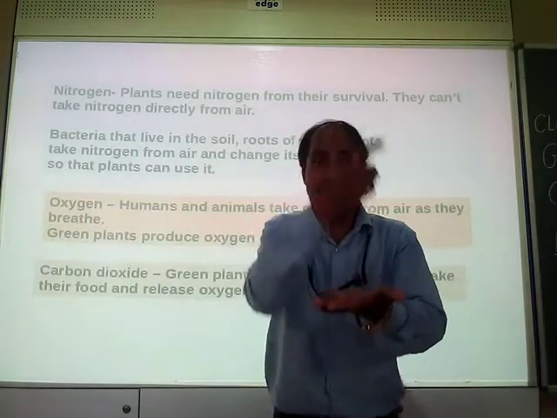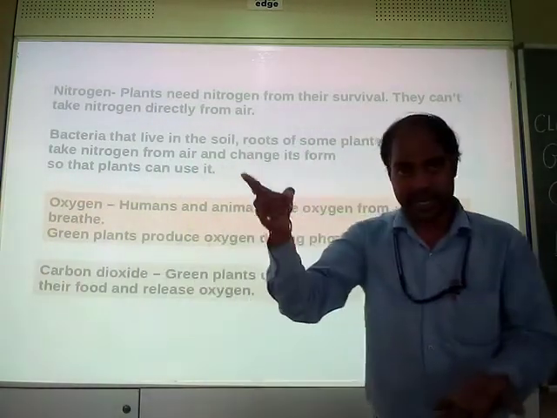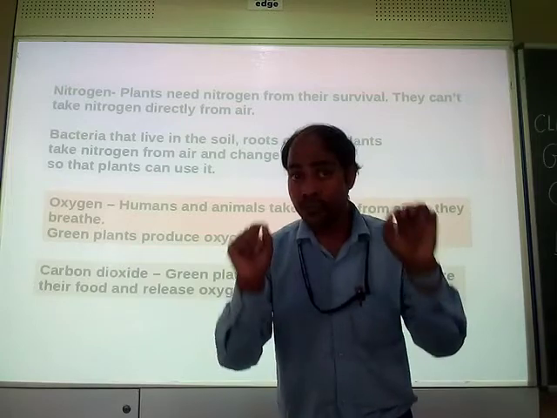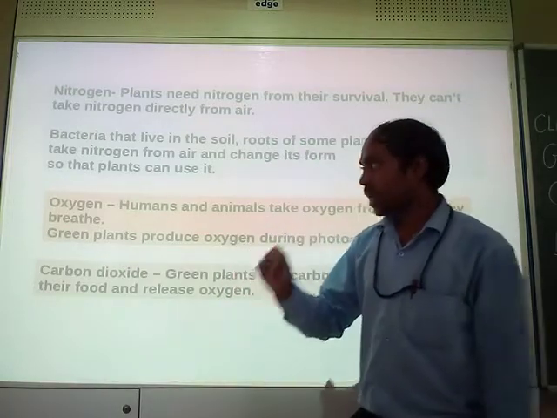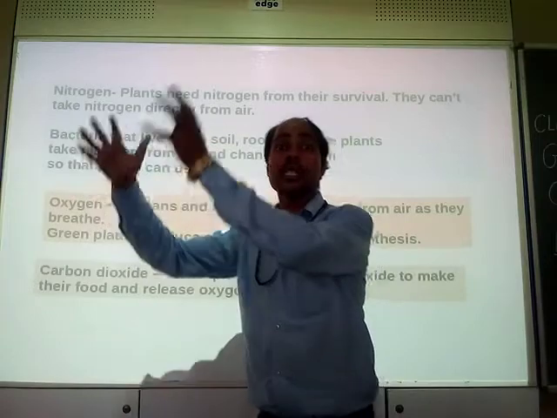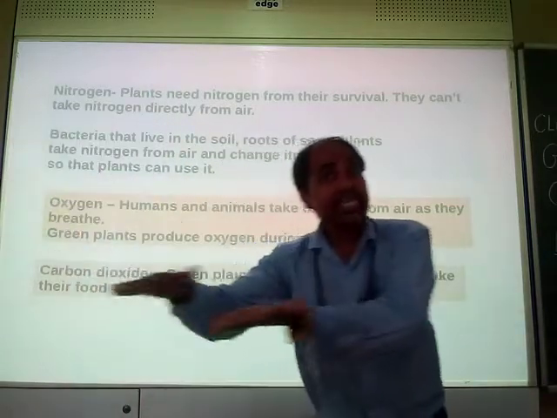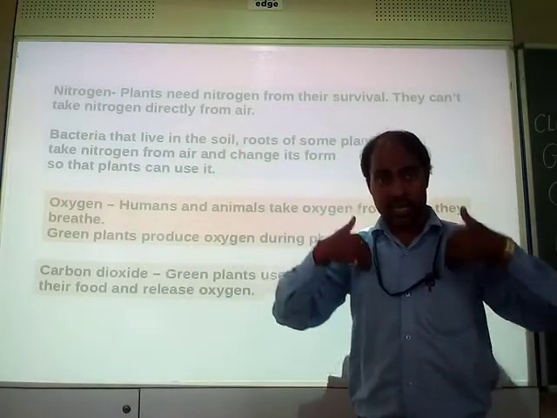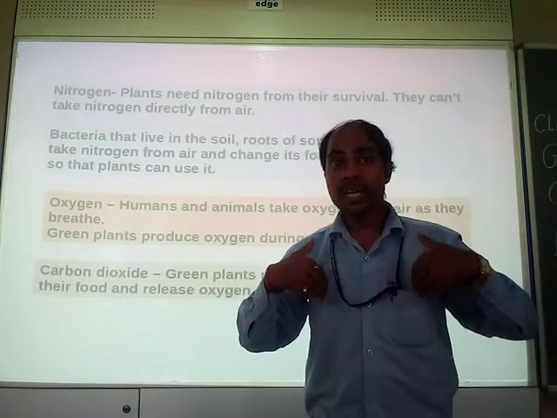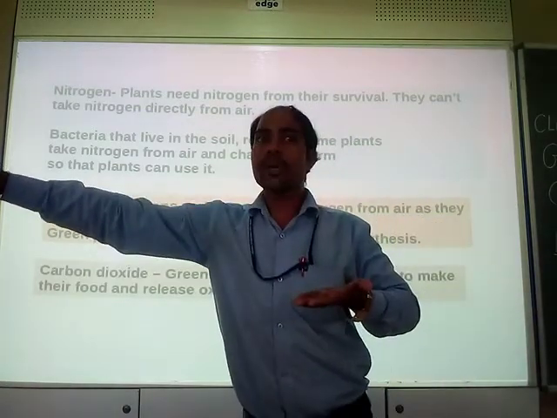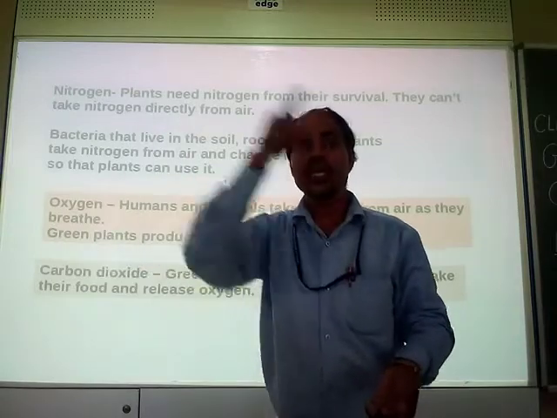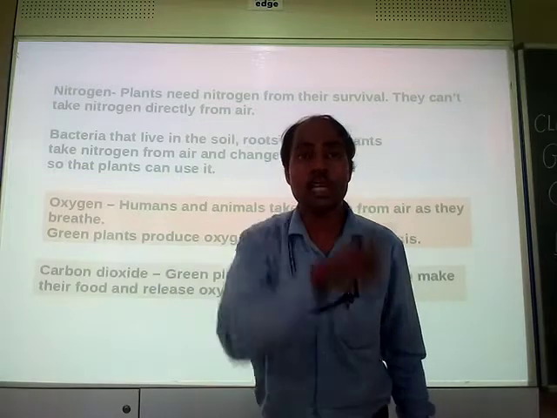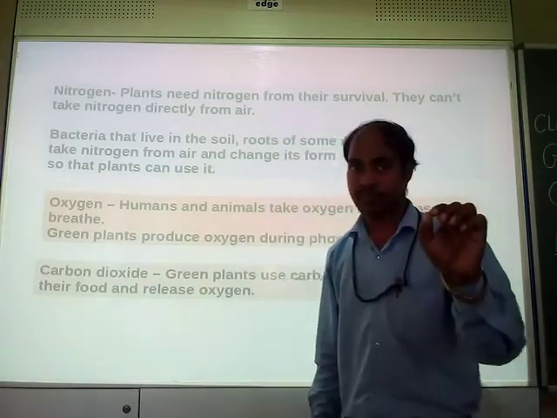That's why this balanced cycle is going on, isn't it? Understand this phenomenon: plants take carbon dioxide and release oxygen; oxygen is taken by animals or humans, who release carbon dioxide. In this way, the balanced cycle of exchange of gases goes on in the atmosphere.